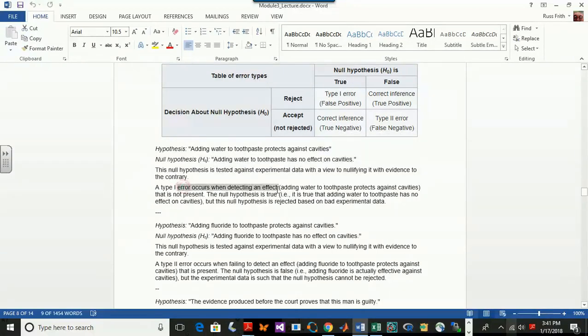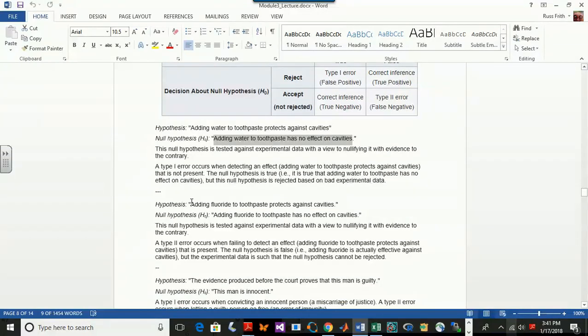Okay, so this is the alternate hypothesis, right? A type 1 error occurs when detecting an effect that is not present. So this effect is not present. If you accept this as true, then it's a type 1 error.